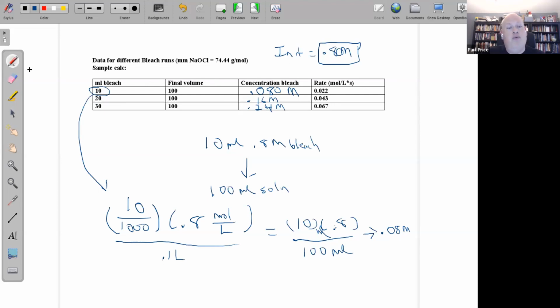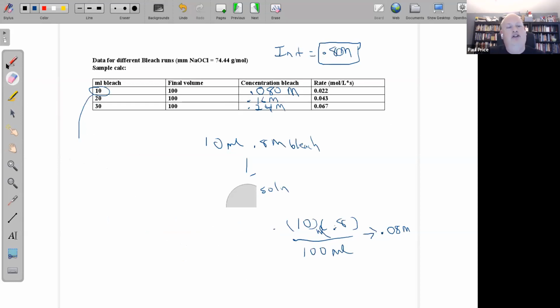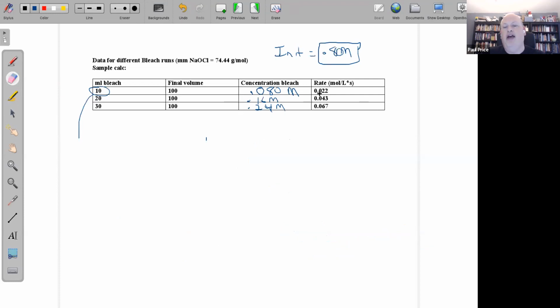So therefore, here's what I want you to note, and this is where the second method comes into play. Look at the relationships between the rates and the concentrations. Notice that when the concentration went from 0.08 to 0.16, between these two, the concentration doubled.